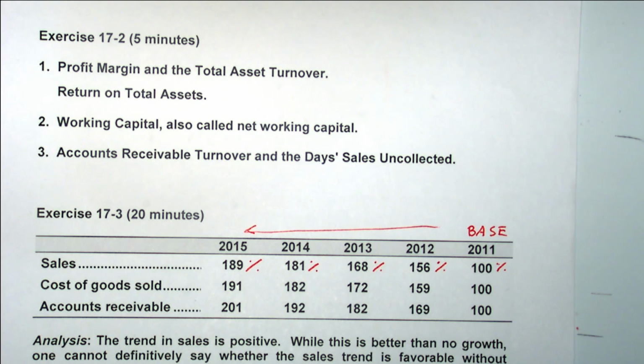So I can tell you what is happening here is that our gross profit, which is sales minus cost of goods sold, or gross margin, same thing, we definitely have gross margin erosion here, don't we?